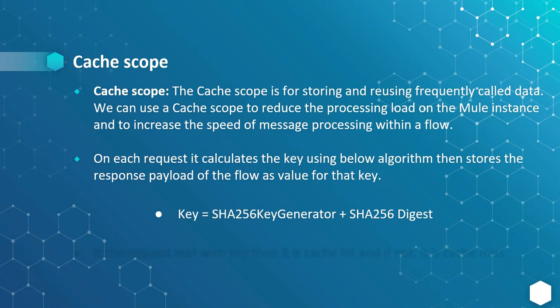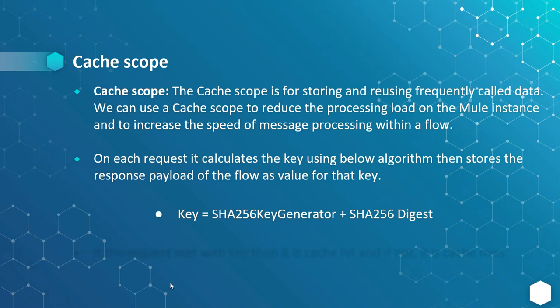In the next request, if we get the same request again, the key will be calculated. Then the caching mechanism checks whether the key is already available in the cache. Yes. Instead of executing the flow, it will respond back with the stored response.